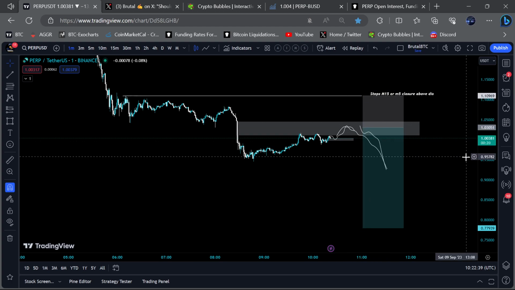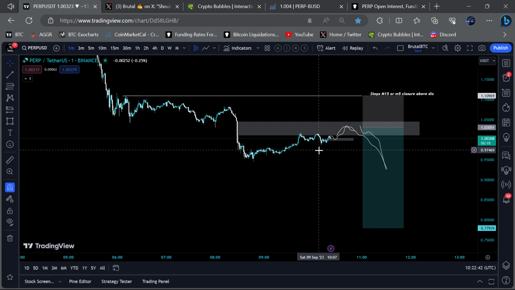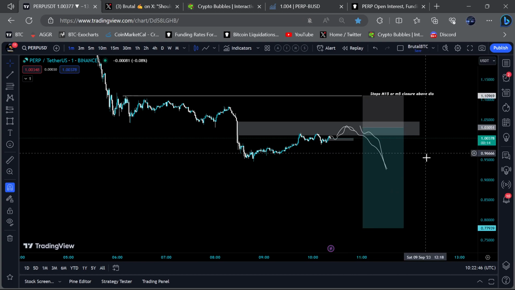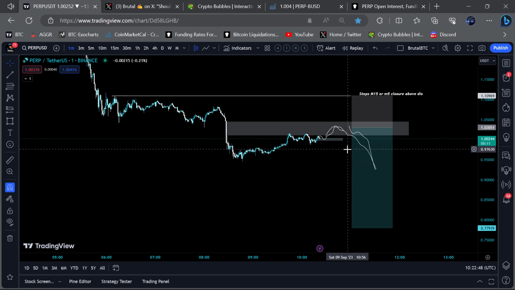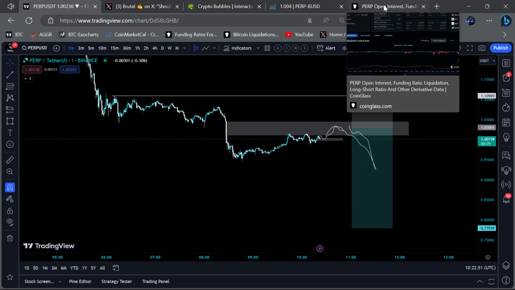Yeah, above 1.10 is our stop loss. Taking profits around almost like 25% down. So this is the setup right now. And these are your scalps. Now we will look for the confirmations.